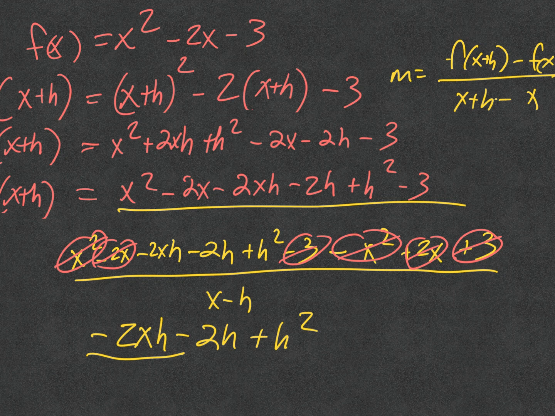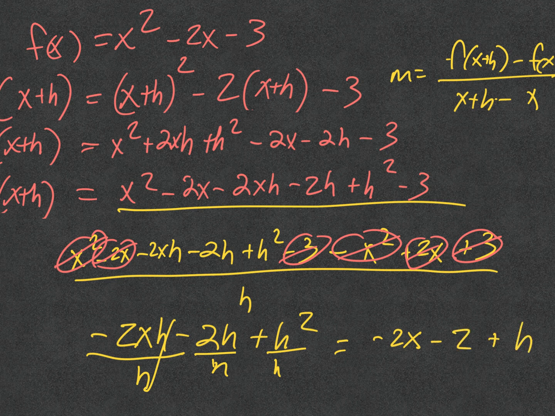So this down here is just h in my denominator. So this is over h. This is over h. This is over h. H is reduced. This is negative 2x minus 2 plus h.